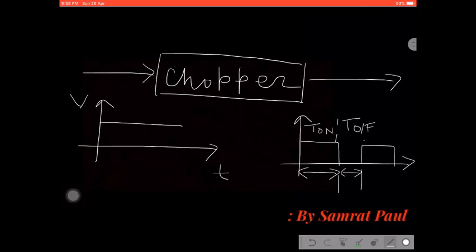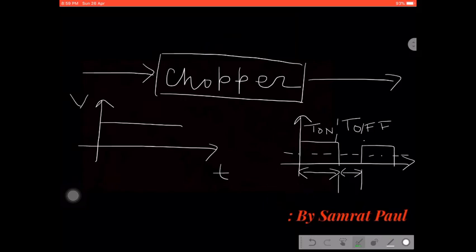That means if we apply the triggering pulse across any switch, when the switch remains on, it provides the output voltage, and when the switch is in the off state, no output voltage appears across the load. After averaging this kind of output voltage, we will get different values of DC. That is why we can say in a chopper, we are using fixed DC which is converted into variable DC.